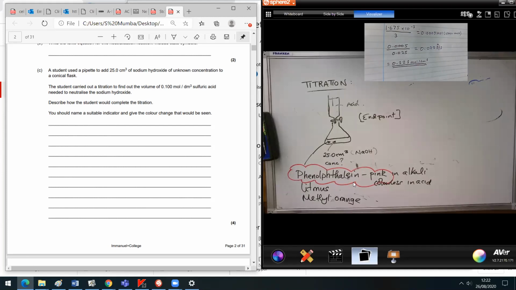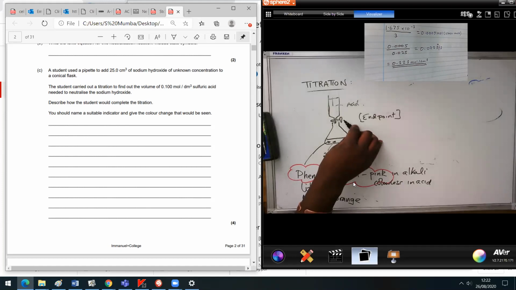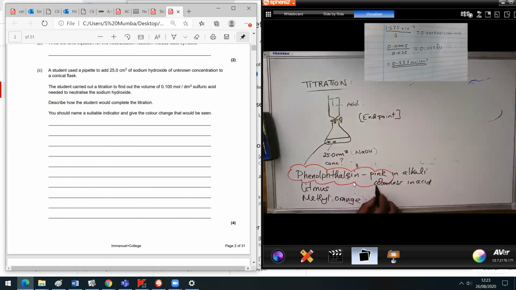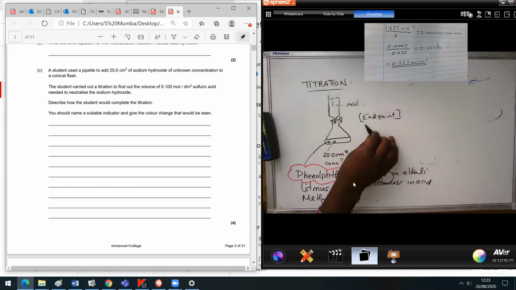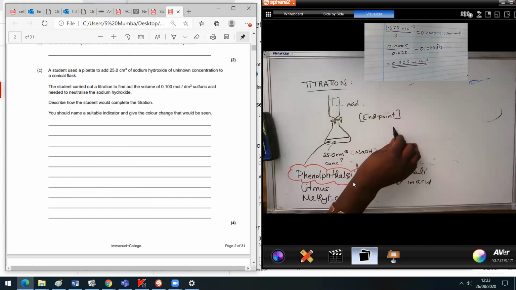Okay, good stuff. So you talk about your indicator and what color it would change. Then you talk about your titration technique, using your burette, and ensuring that the color change is indicating to you an end point. Then you'd also repeat the experiment. There are a few other things that are very helpful procedure-wise.